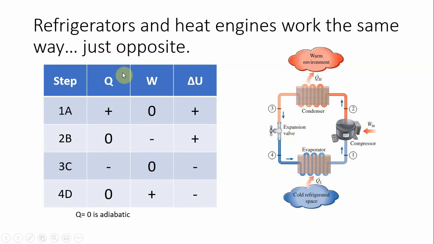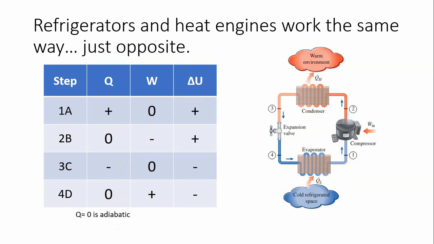Also, we have values, again positive, negative, or 0, assigned to these steps so we can understand them in the context of energy transfer. So remember, Q, when it's set to 0, is adiabatic. So we see that there are two adiabatic processes here. We see that there are some sections where work is not going to be done at all. And then we're going to see how this all plays out into our delta U value.